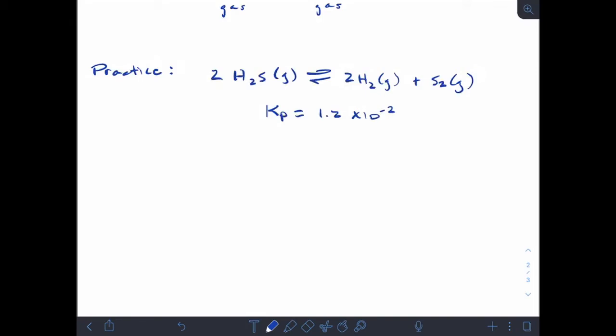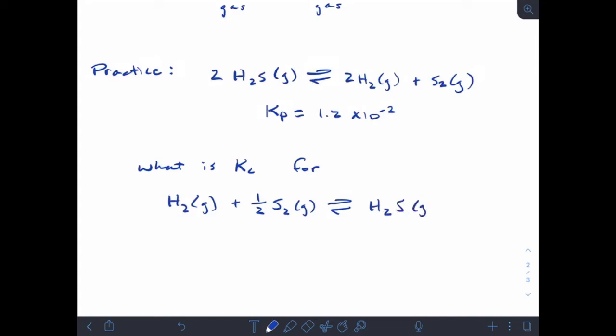Given that information, the question is, what is Kc for the following reaction at 1095 degrees Celsius, so really quite hot?